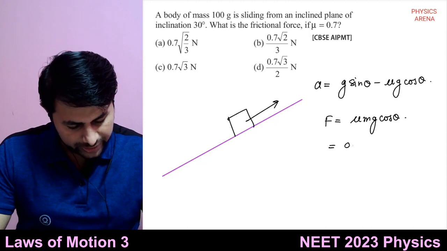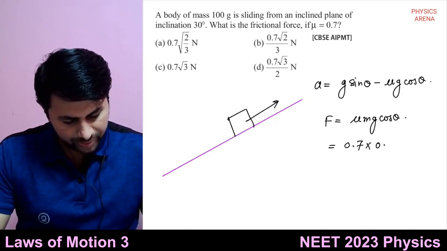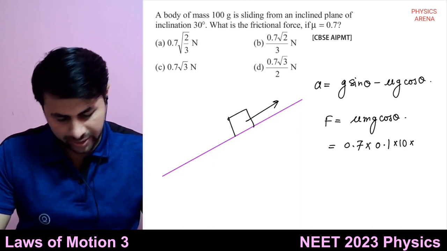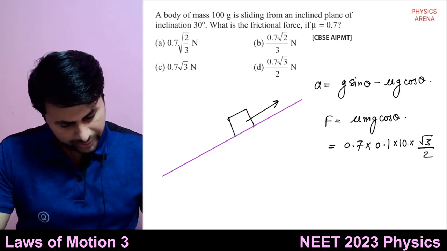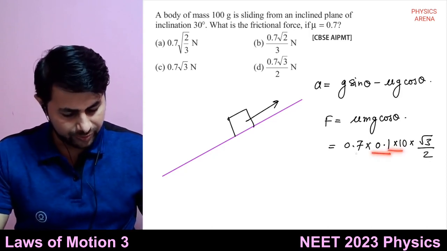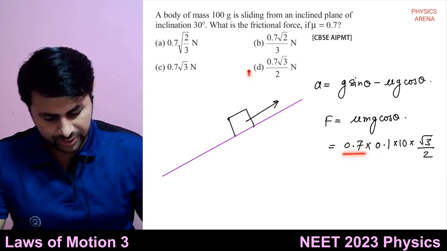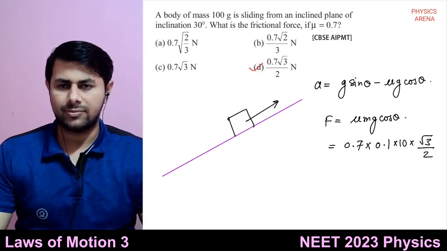So mu is 0.7 multiplied by mass, which is 100 grams, 0.1 kg, multiplied by g is 10 multiplied by cos of theta. Theta is 30, so root 3 by 2. So 10 times 0.1 is 1, 1 multiplied by 0.7. This is the answer, right? Option D is the answer.